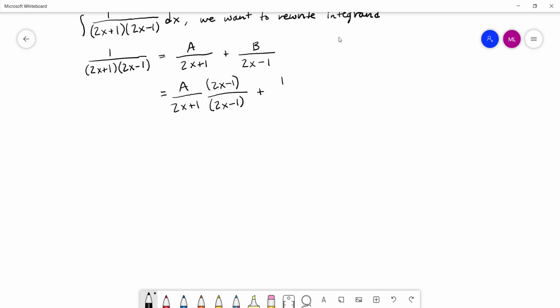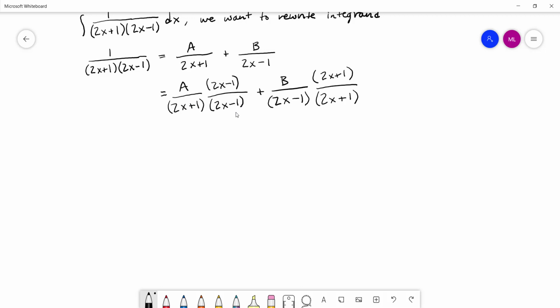And for the second one, it's going to be B over 2x minus 1. Let me toss extra parentheses around these. And I'd multiply top and bottom by this denominator. So 2x plus 1 over 2x plus 1.